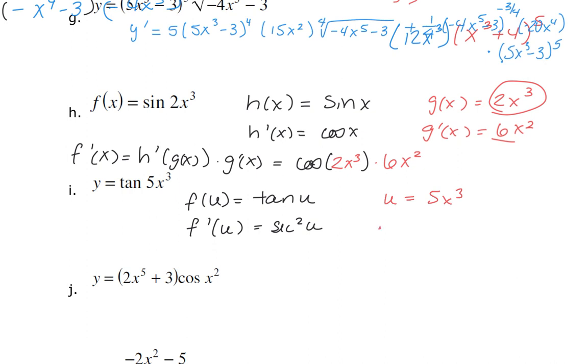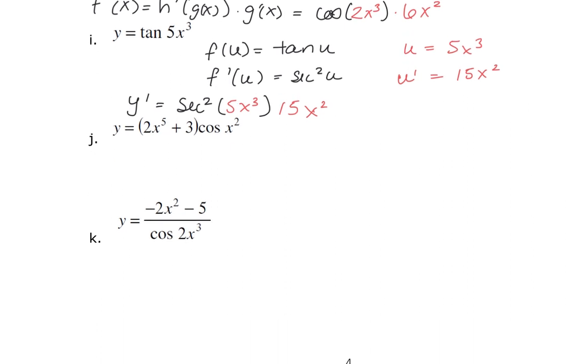That means u prime would be 15x squared. y prime is the derivative of the trig function, which is secant squared of my angle, which was 5x to the third, multiplied by the derivative of my angle, which is 15x squared.